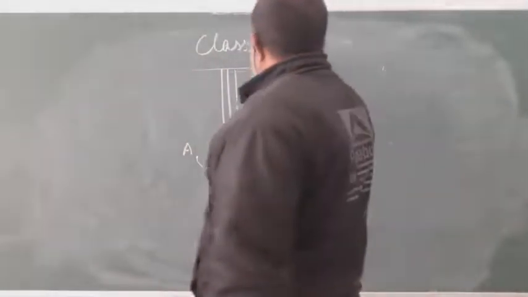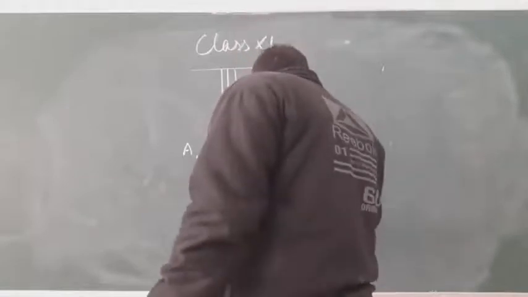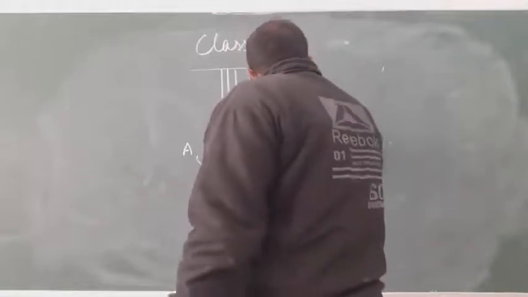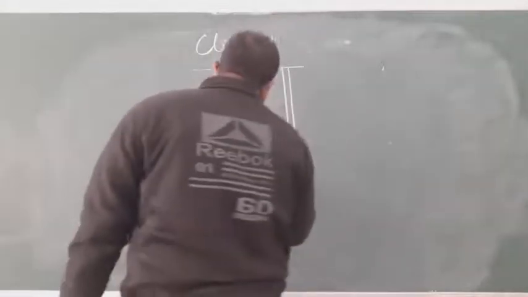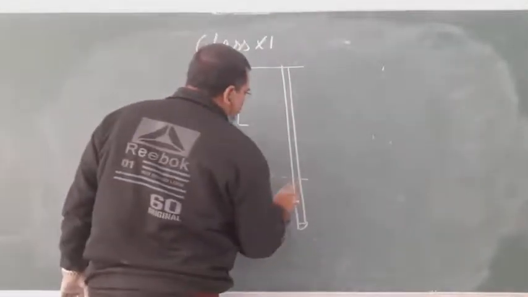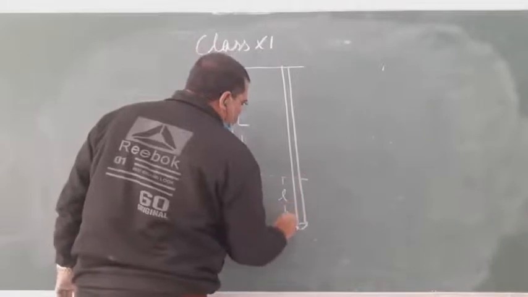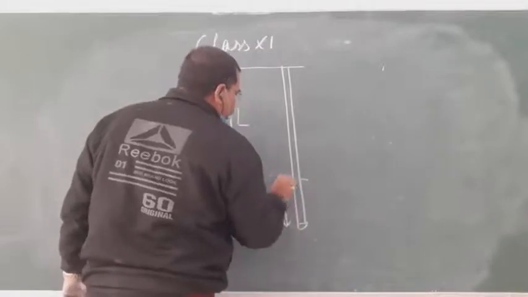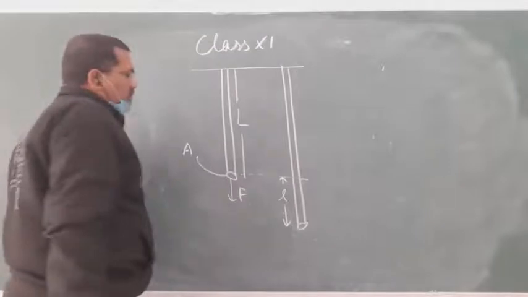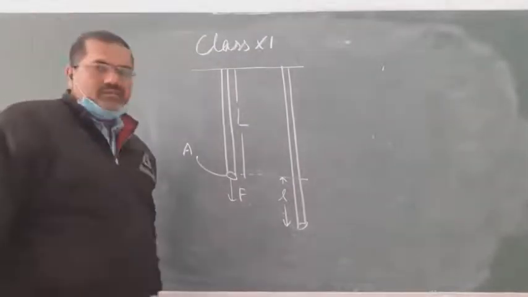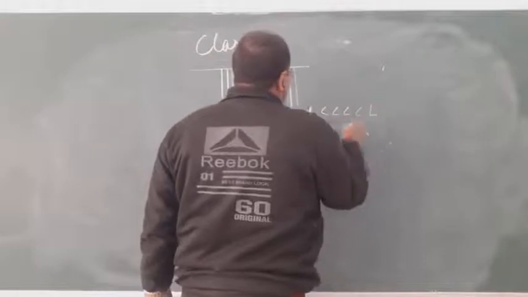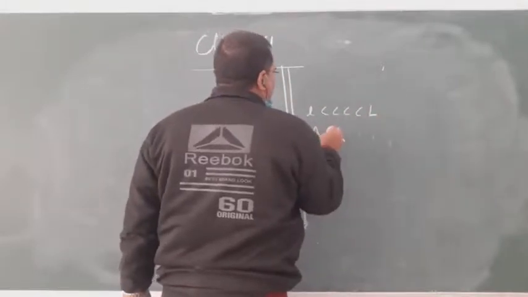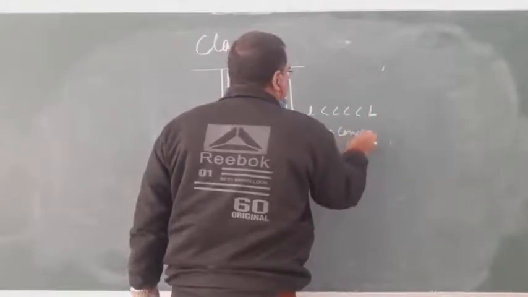and let this wire be increased by small l. Small l is much lesser than capital L, so that area of the wire should be constant.